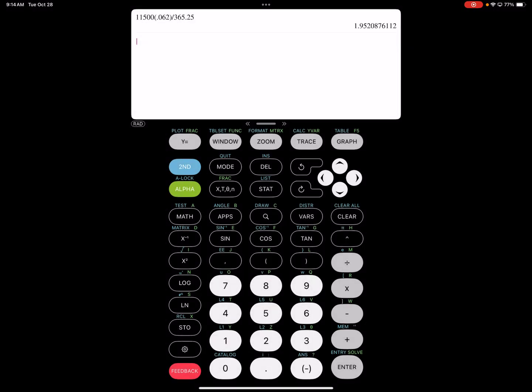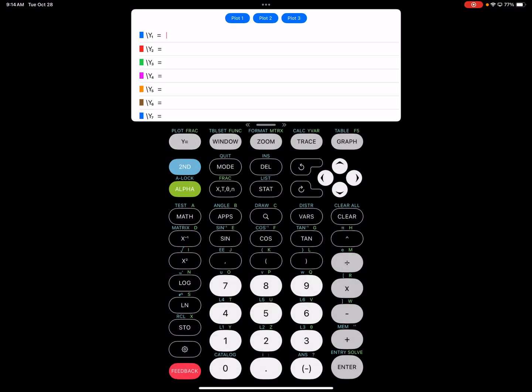Okay, if I put in, let me go over here to y equals, and let me do x minus 1. I'm going to put that in, yeah, parentheses, divided by x squared minus 1.